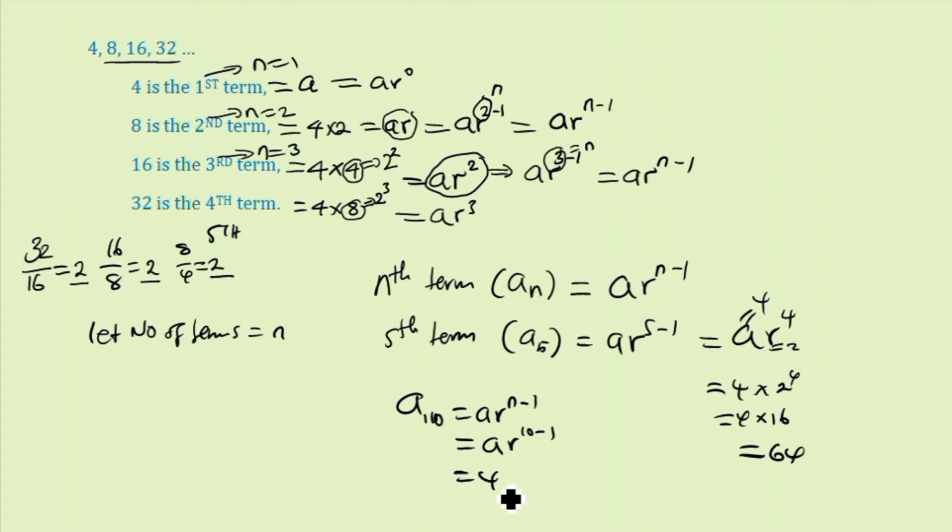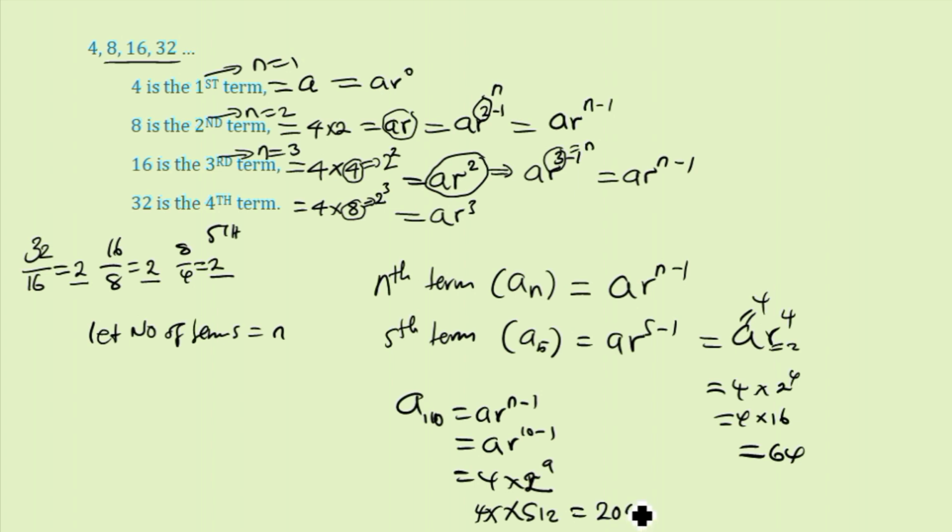And from my calculator, 2 power 9, because 10 subtract 1 is 9, 2 power 9 is the same as 512, and if you multiply that by 4, you get 2048.